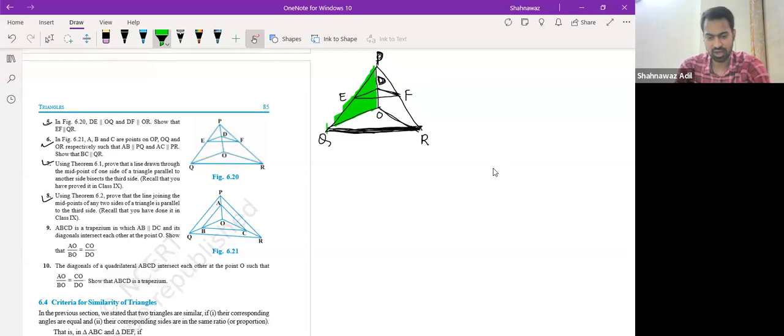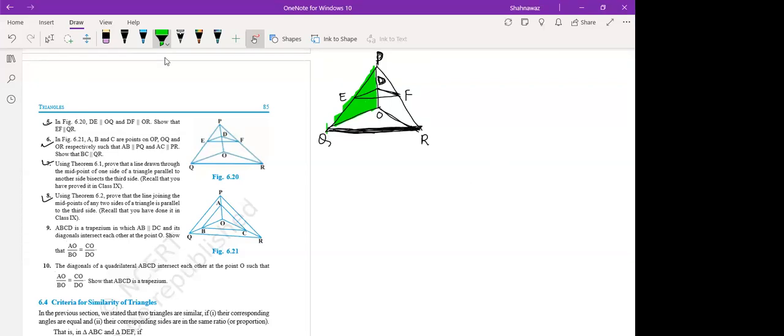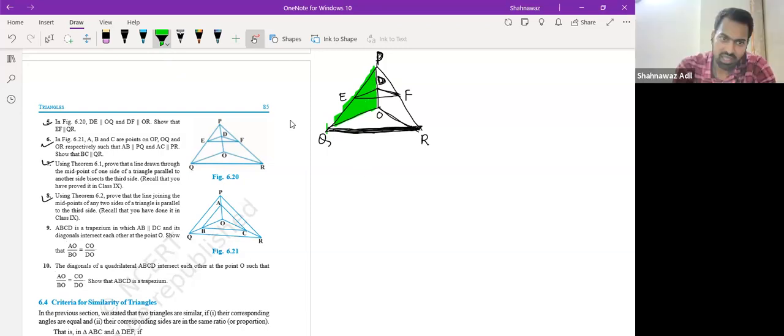Is that correct, Hashid and Talha? Yes, sir. So you see that this was given, DE parallel to OQ. To apply the 6.1 or 6.2 theorem, we have to find the triangle first, right?